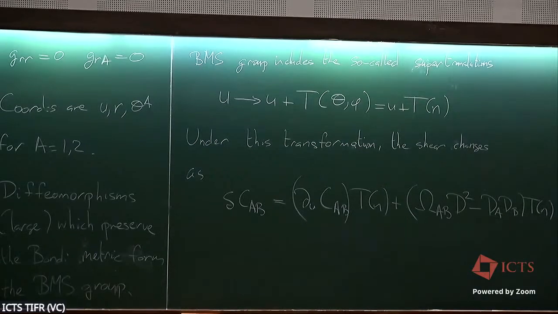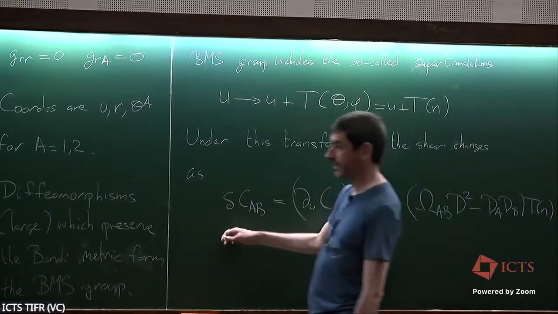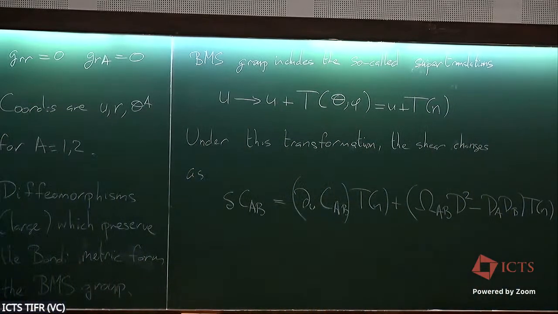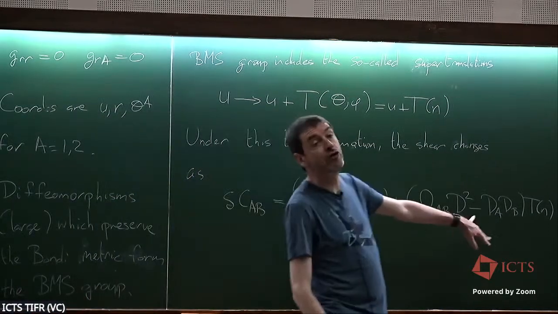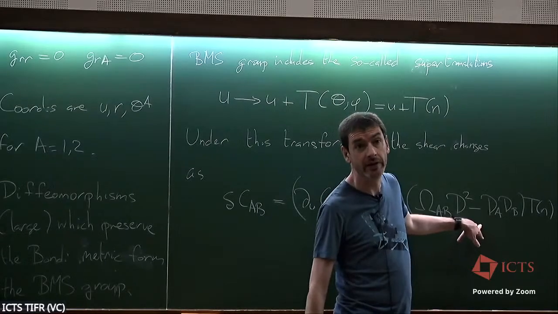Where the D here, big D, is a covariant derivative on the sphere. This function t is a function evaluated on the sphere, and the shear is transverse to the sphere, so there's some projector going on here. So the relevant derivatives that appear are the covariant derivatives.